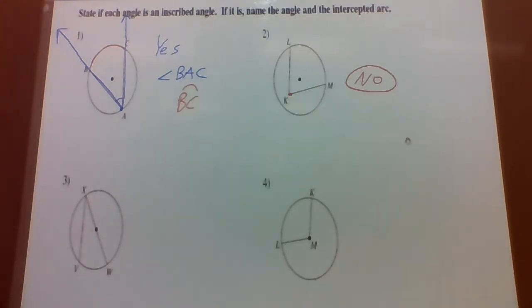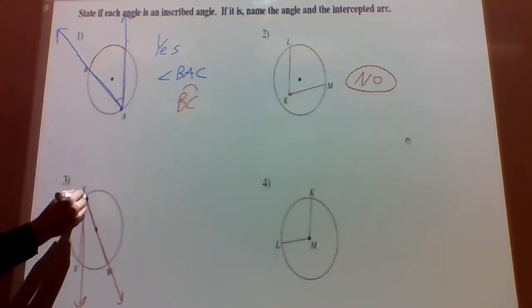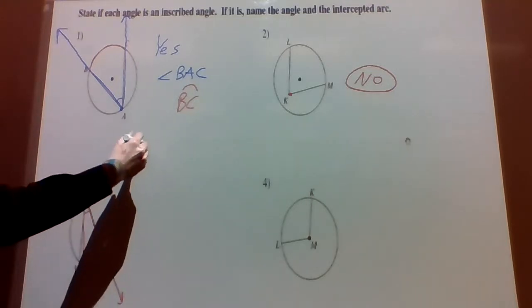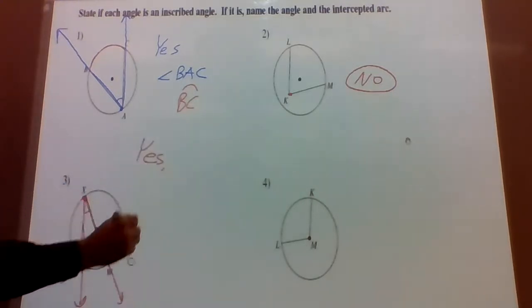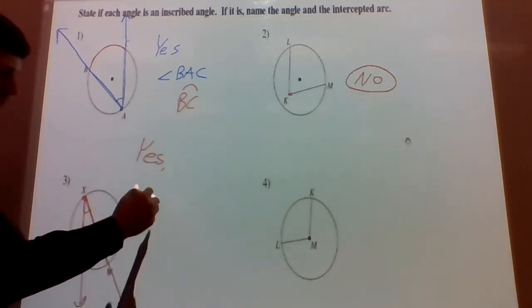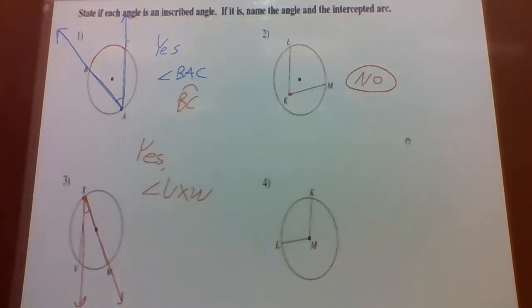Okay. Number 3, X is our vertex, so here's our angle. X is on the circle, so yes, this is an inscribed angle. The name of this angle is angle VXW, or we could name it angle WXV.